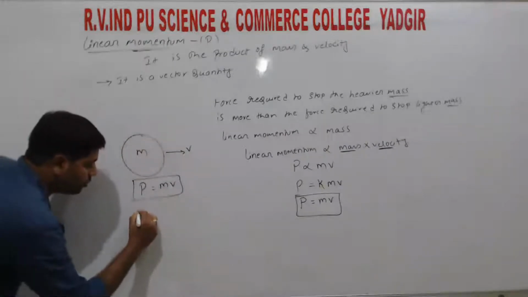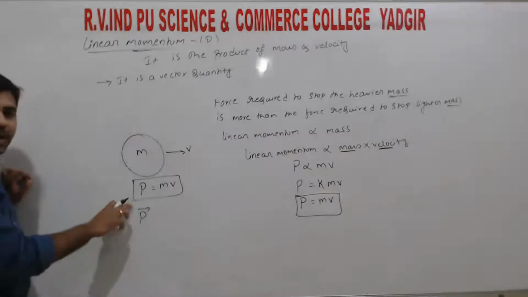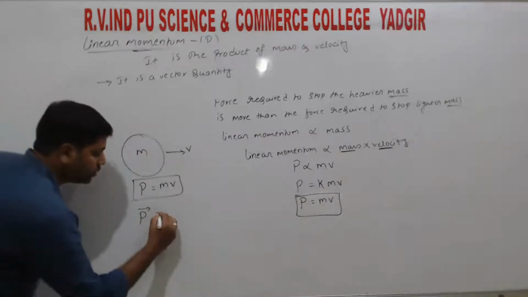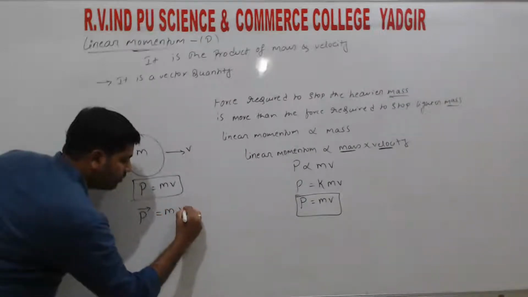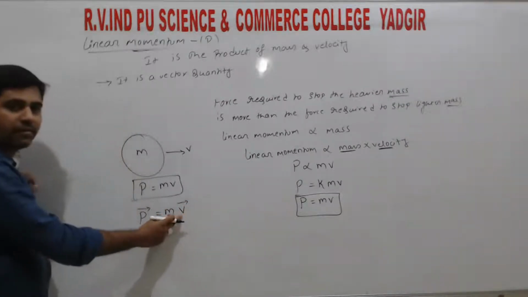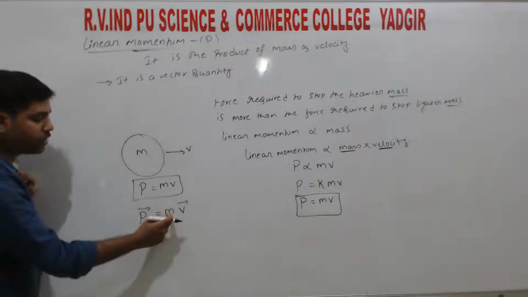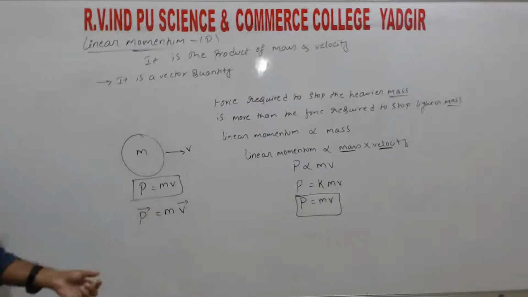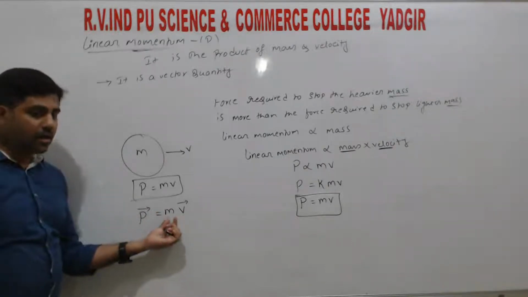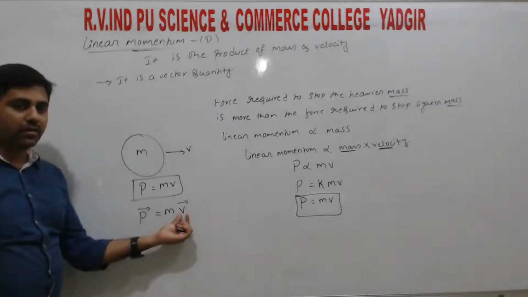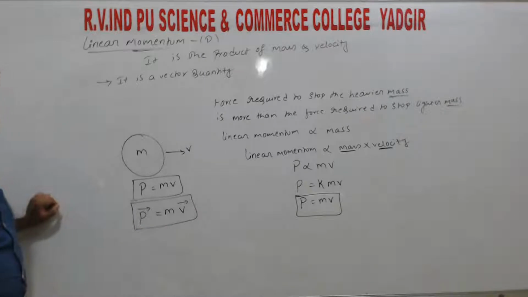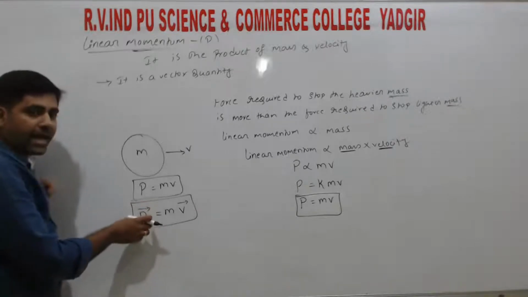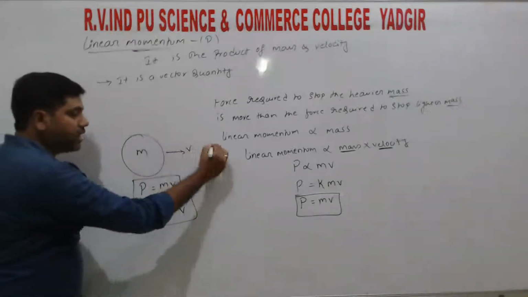If I write momentum in vector form, p with an arrow mark is equal to m into v, where mass is a scalar and velocity is a vector. So m is a scalar and v is the velocity. This is the vector form for the momentum. The momentum direction is always in the direction of the velocity.